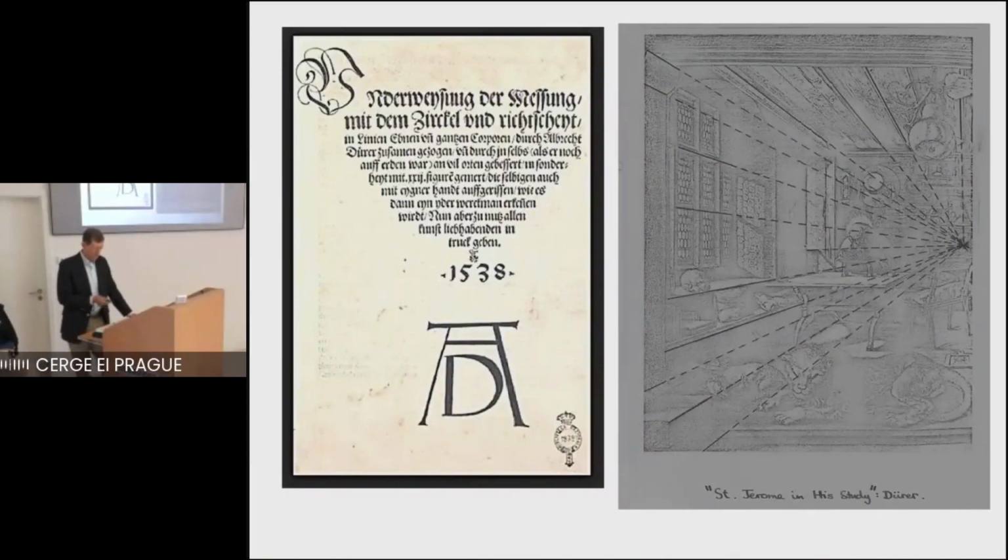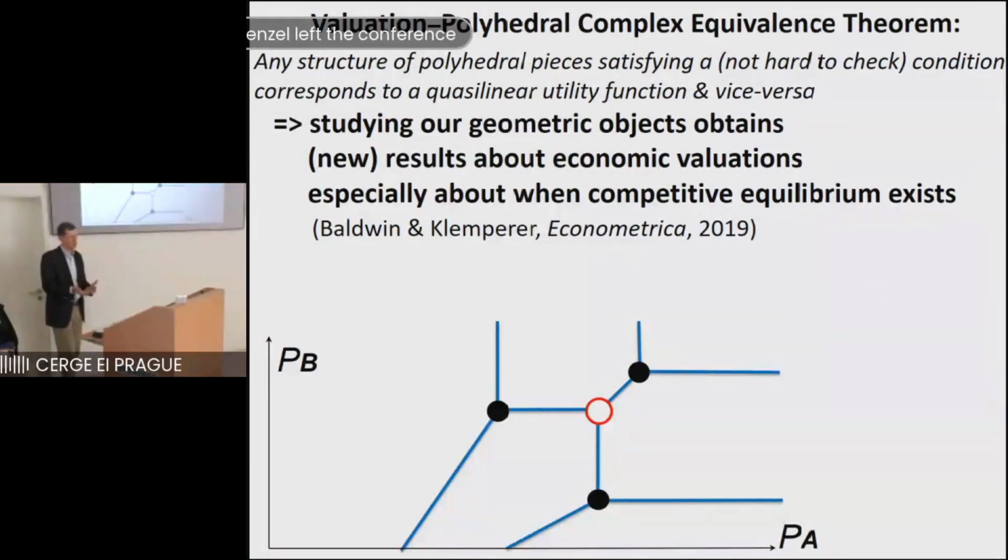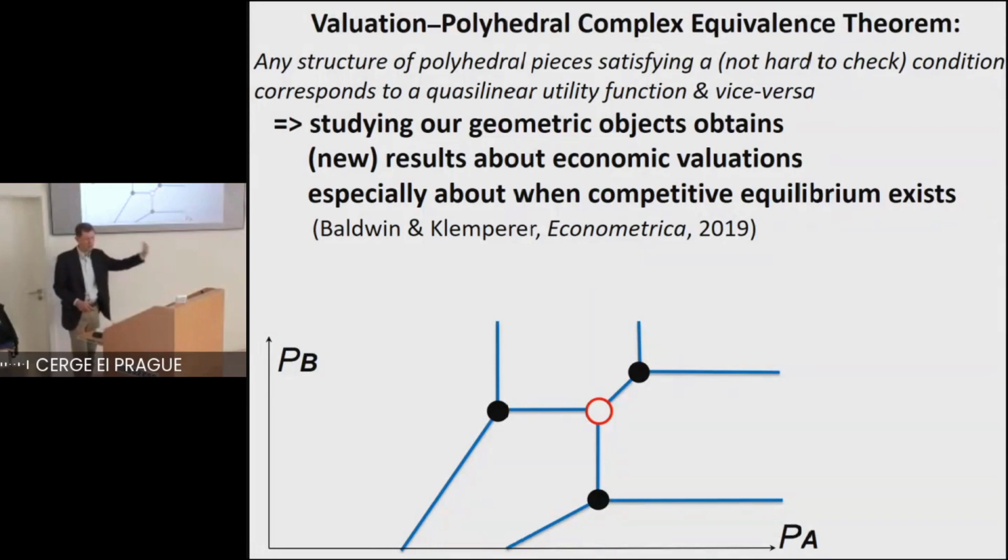And one which is really valuable for our application is the so-called tropical geometry. We have a nice theorem which shows you can just study these geometric objects, because there's a one-to-one correspondence between the geometric object and quasi-linear utility functions. So you can work with geometric objects and know that you have a result about the underlying utility functions.